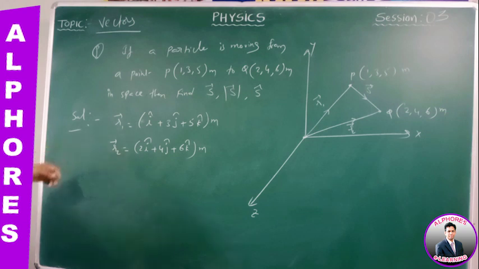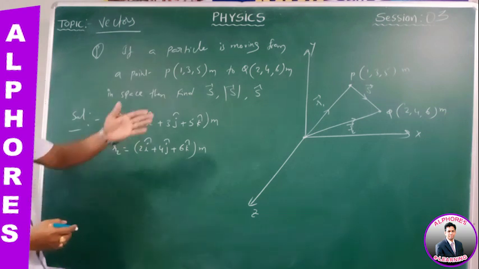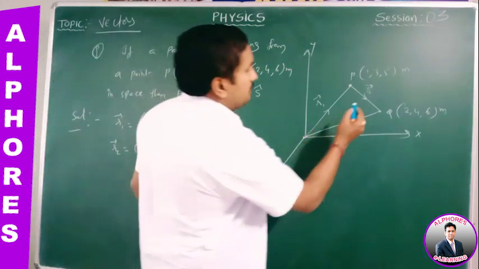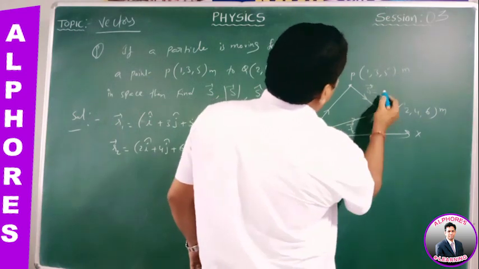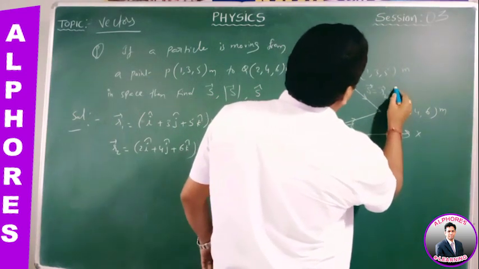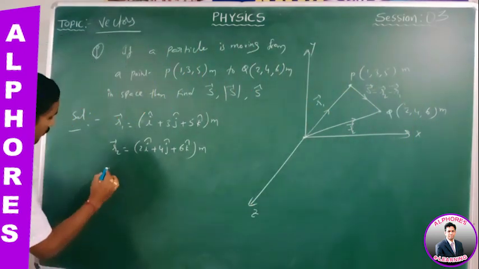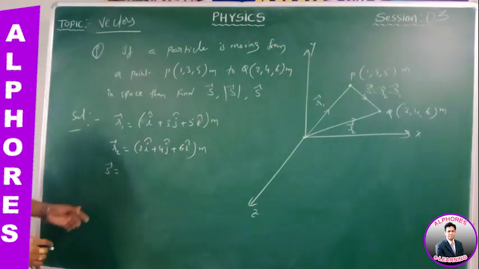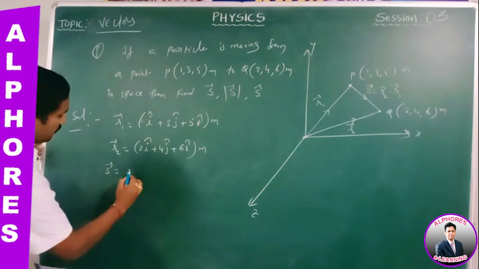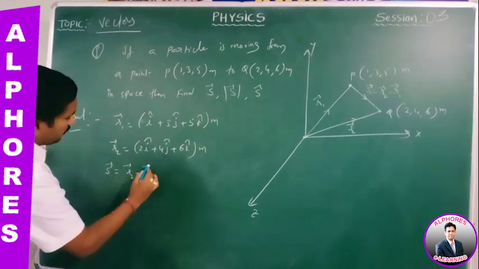Now what is the displacement vector according to the diagram? This is r1, this is r2, so the definition of displacement is r2 bar minus r1 bar. So the displacement vector s bar is equal to r2 bar minus r1 bar.